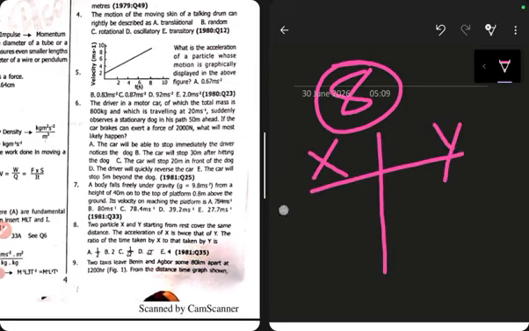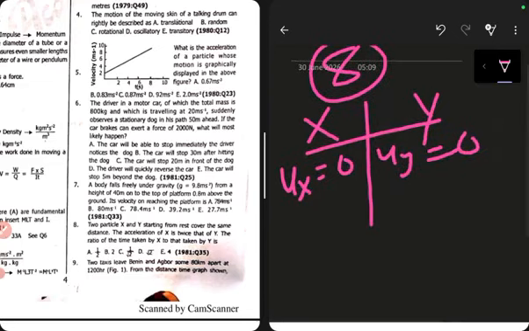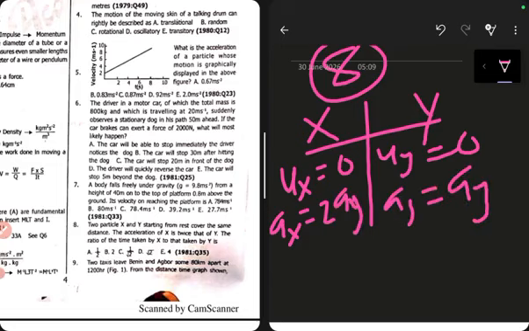They start from rest, so u for X is 0, u for particle Y is also 0. Now the acceleration of X is twice that of Y. The acceleration of Y is just its acceleration.